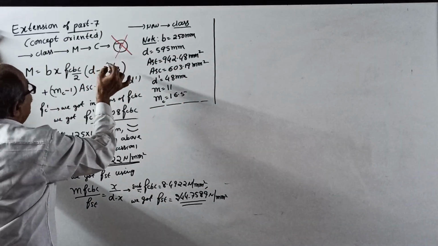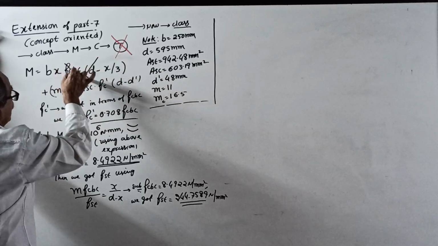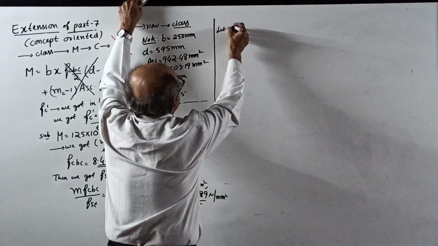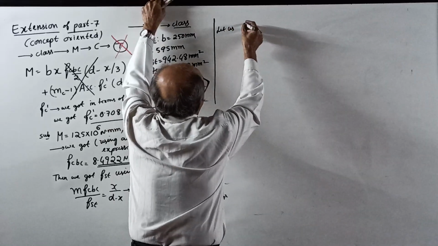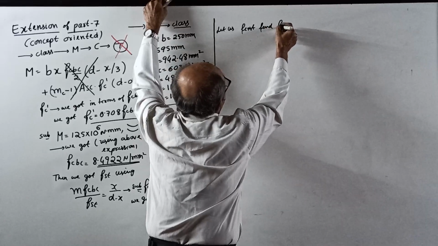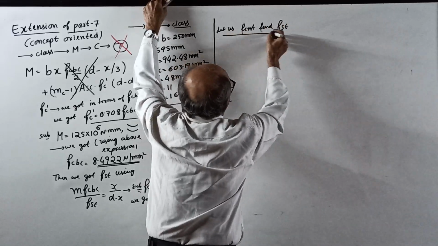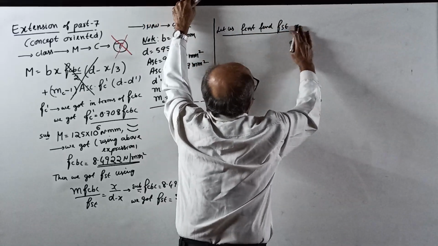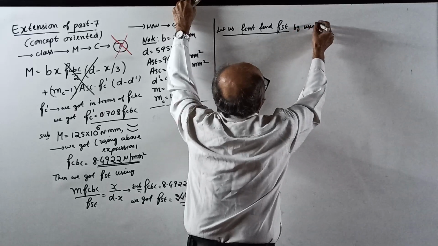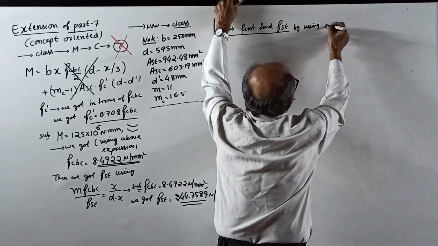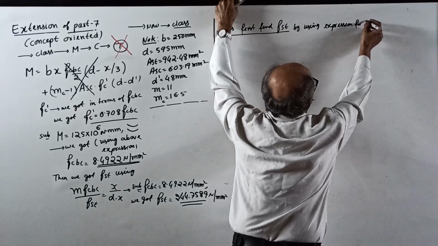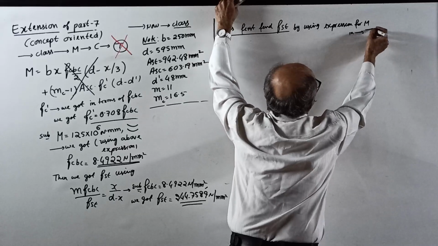Now, come back and continue our question. Right here, we will not use this equation. Let us first find fst by using the expression for M in terms of tension.